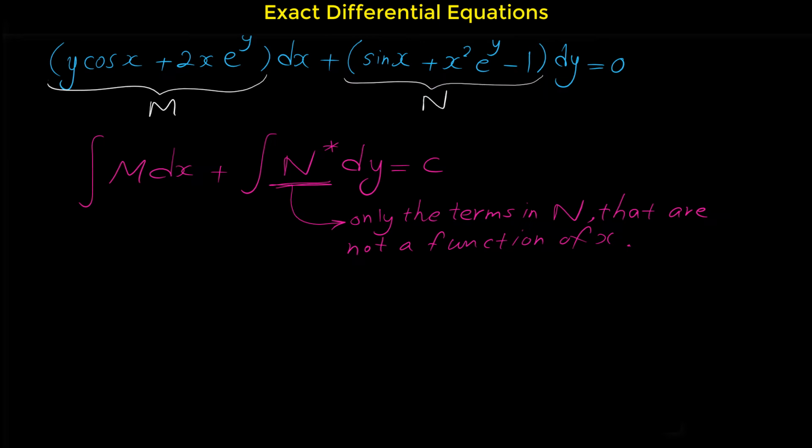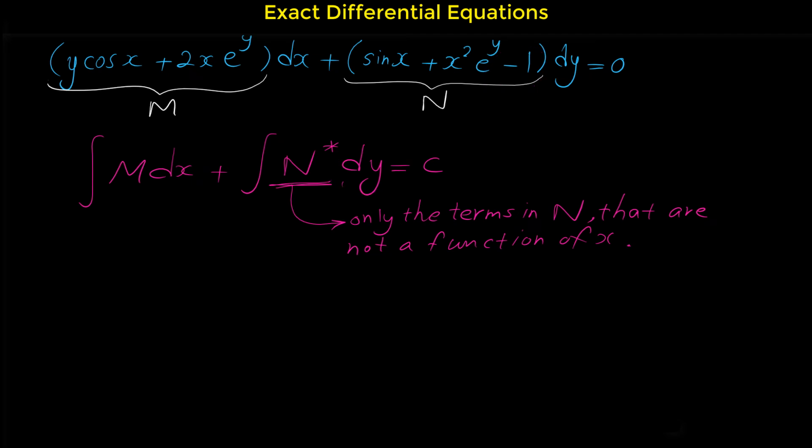So N star is not all the terms in N, it's only the terms that are not a function of x. For example, here sine of x involves x, so we ignore this term, and also we ignore this term because in this term we have x. But in negative 1 we don't have any x, so we integrate only negative 1 here with respect to y.